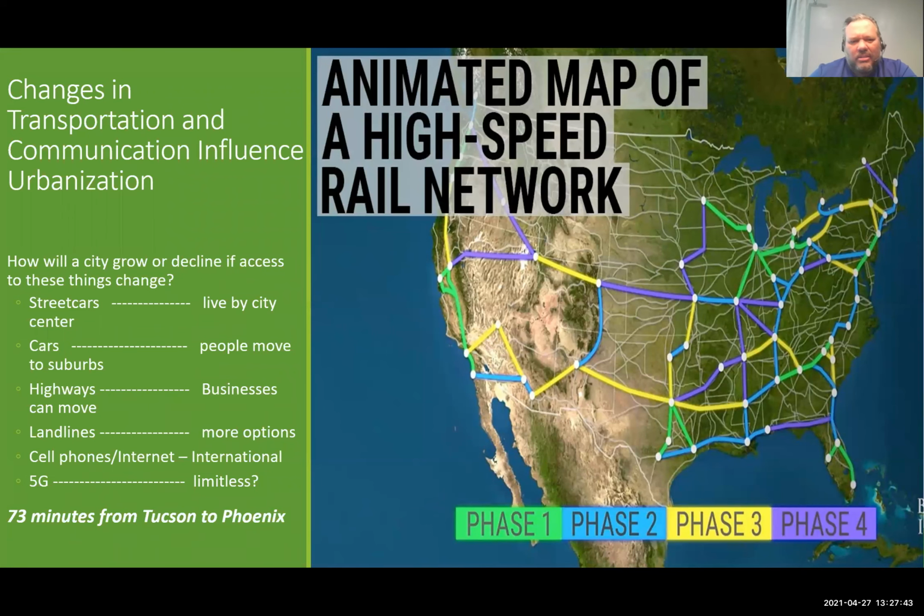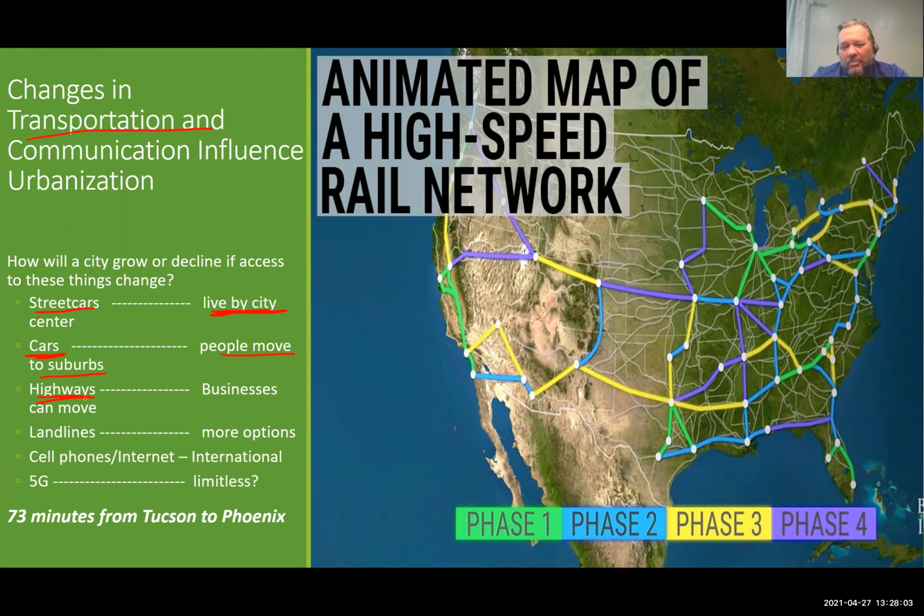All right, so let's take a look. Changes in transportation and communication, how they influence urbanization. So here's just some examples. Streetcars. If streetcars are the main mode of transportation, people live in the city. Once cars become predominant, people move to the suburbs. All right.